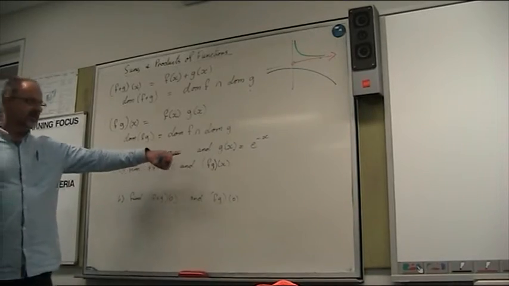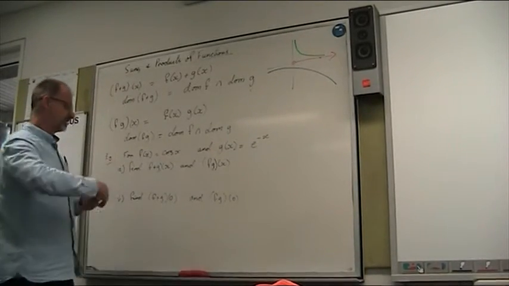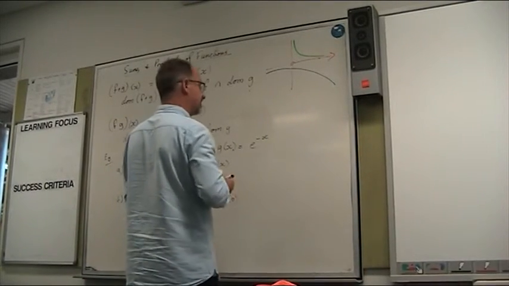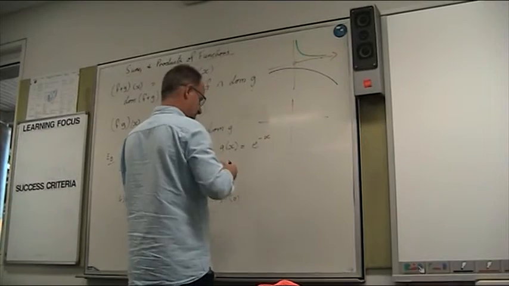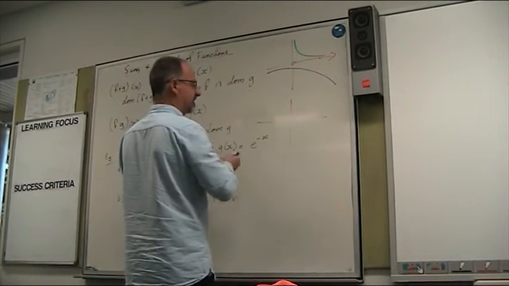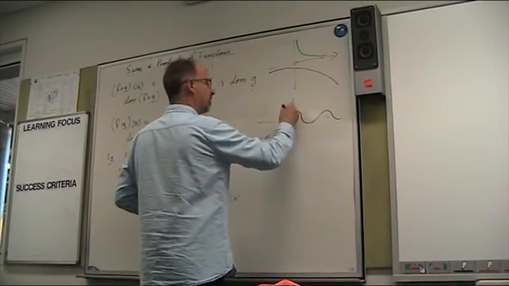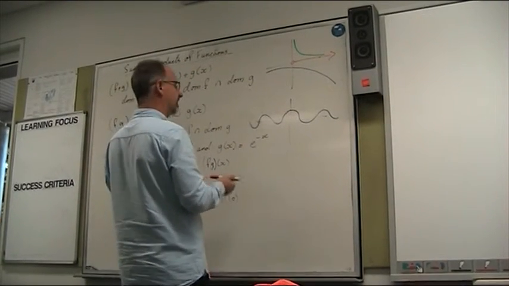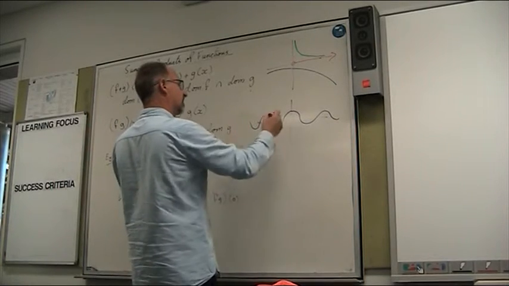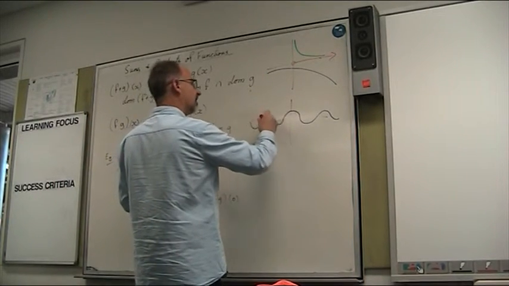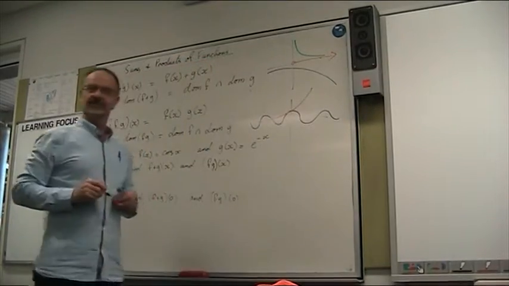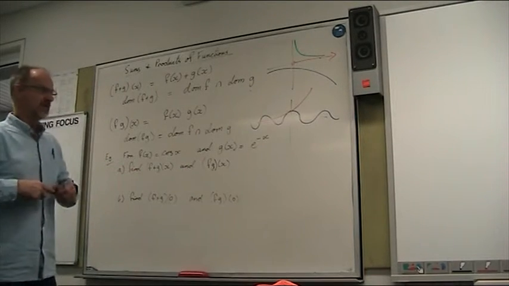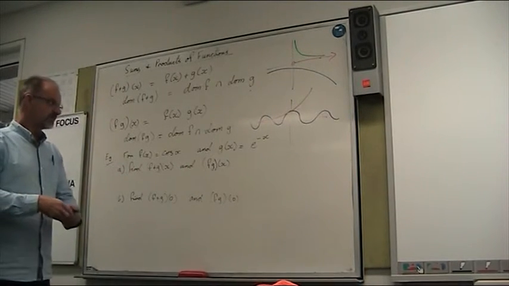So both of these, the domains are all real numbers. Just cos x, just a rough sketch. Cos x wiggles like this, both ways, as far as you like. E to the negative x goes like this. So there's no restriction on what x can be. So all is good.